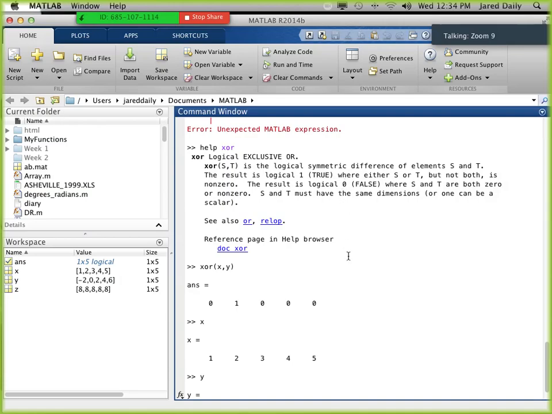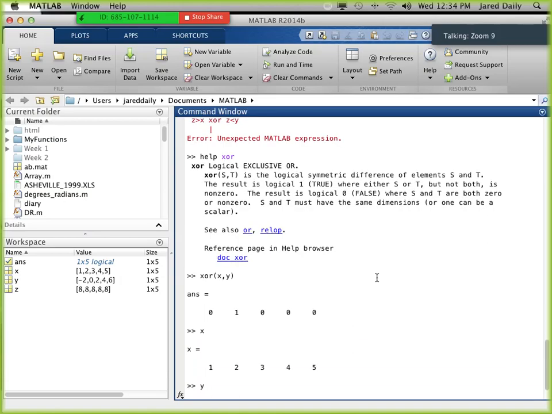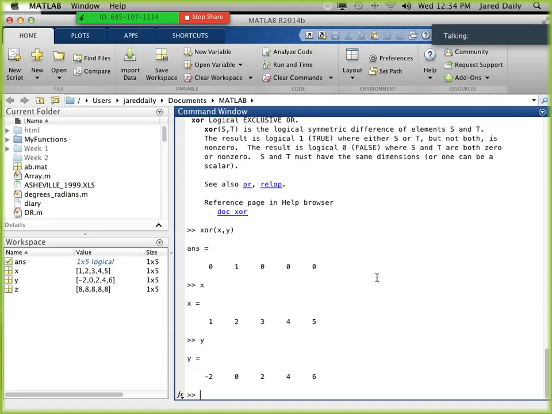So it only answers true if one's 0 and one's non-zero, that's right. So it's looking at a difference in number or 0, essentially, here. I don't know why they put it in with their logical operators, because it can't be used as a logical operator.